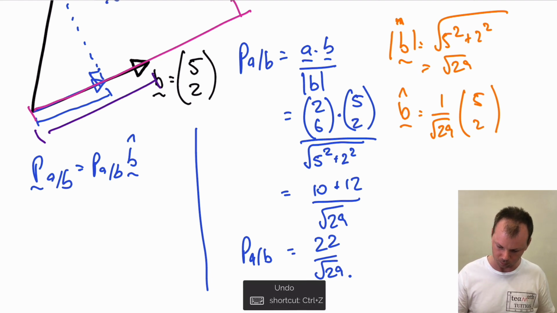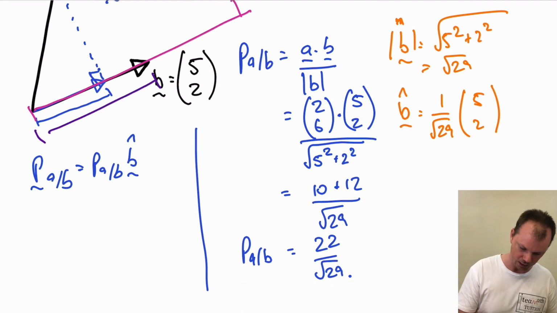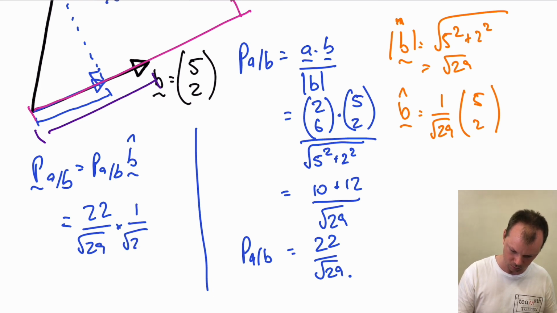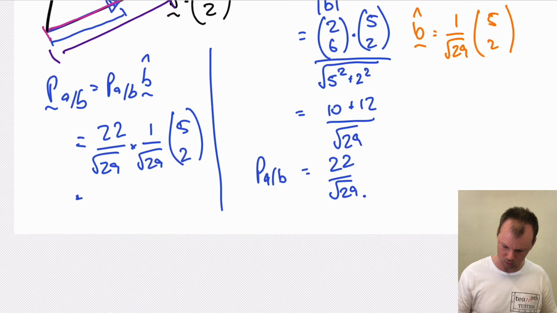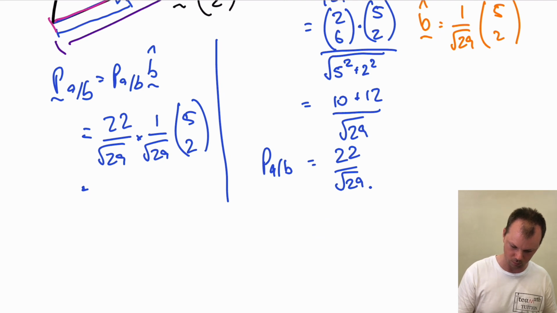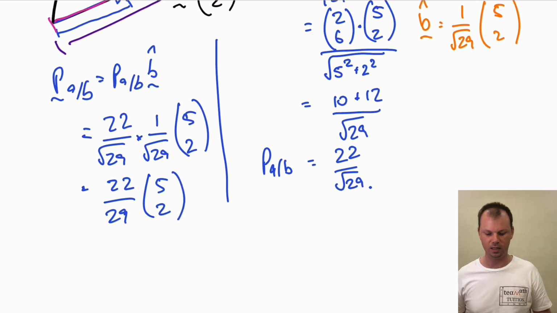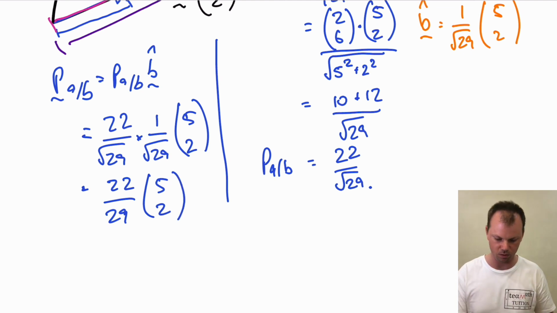So over here, what that equals is the scalar projection of A on B by my unit vector equals, and I would just leave it in that form, but you can scalar multiply.